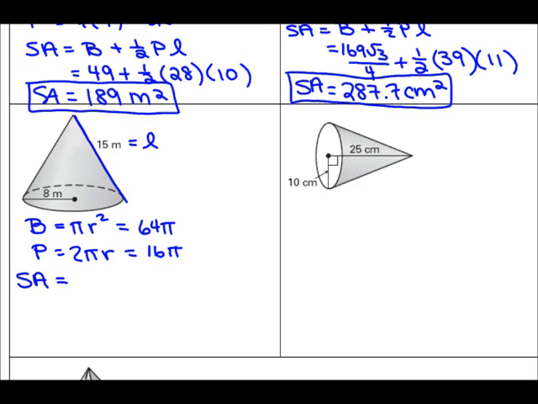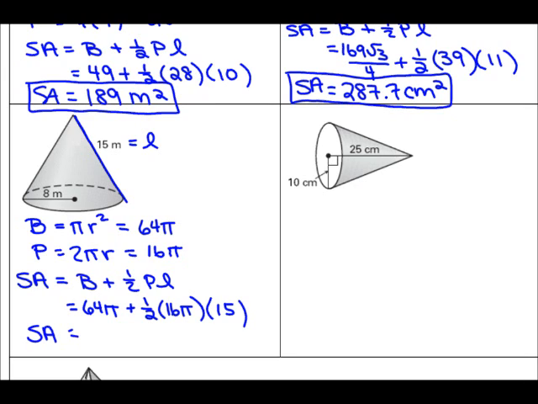Plug into your surface area formula. We need 1 base plus 1/2 perimeter times slant height. And when you plug that in, we get 64 pi plus 1/2 times 16 pi times 15. And we want to be able to simplify this in terms of pi, just like we've been doing all along.